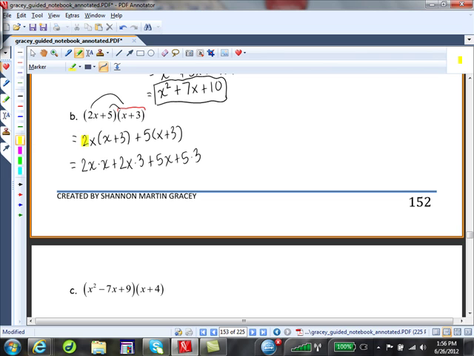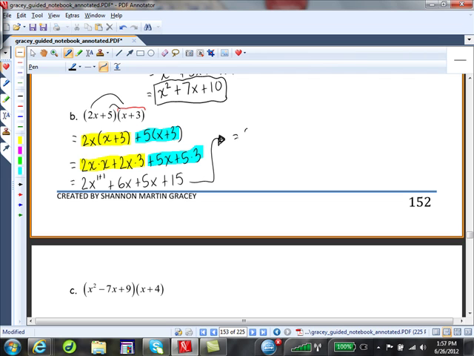So just so you can keep track, this here distributes to be this, and this here distributes to be this. So then we'll get 2x to the 1 plus 1 plus 6x's plus 5x's plus 15.